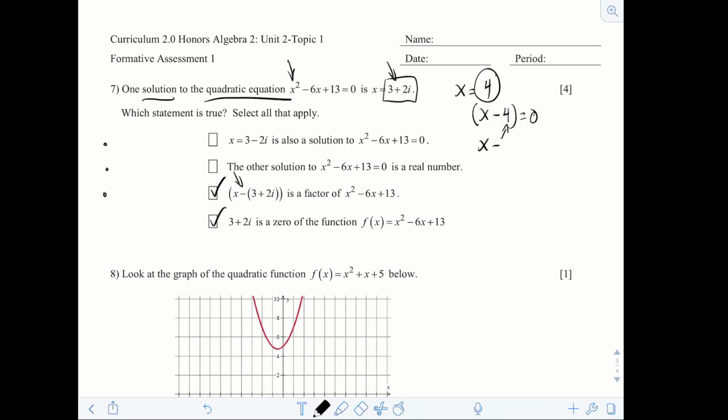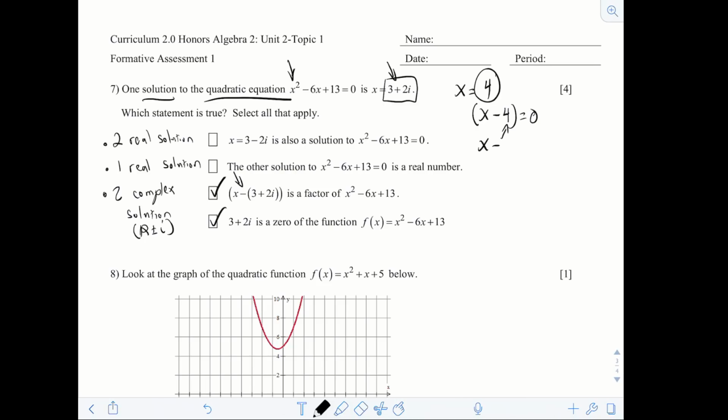We have 2 real solutions, we have 1 real solution, and the last one is 2 complex solutions. Usually these are the ones that have some type of i in them, so it is some real number plus or minus i.